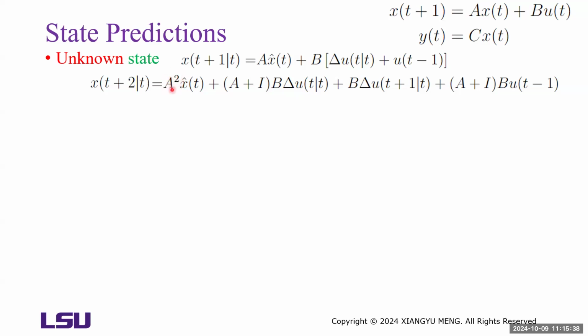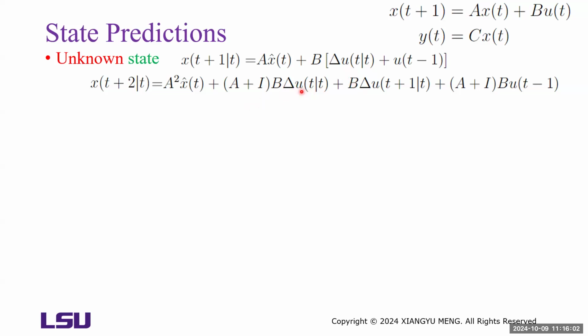So if here is A to the power of 2, here will be A. Then A will be like a polynomial of this matrix A. Here will be A to the power of 1, here A to the power of 0, the identity matrix.